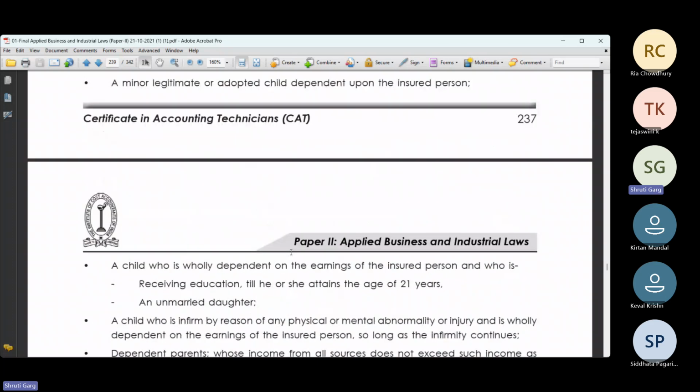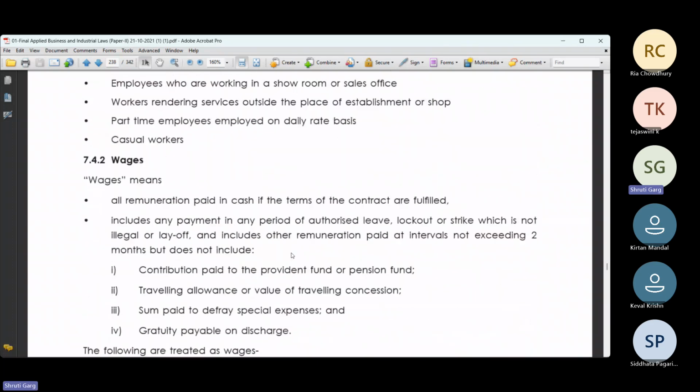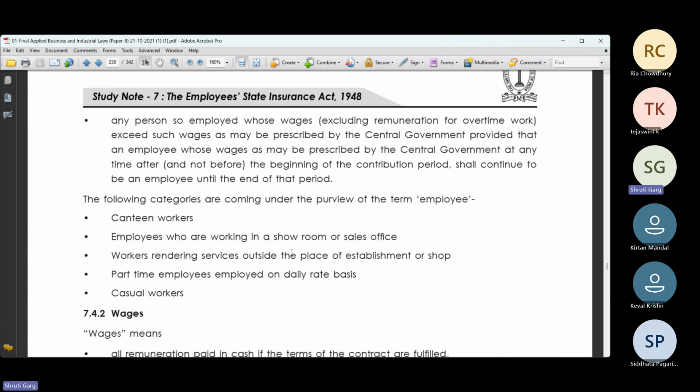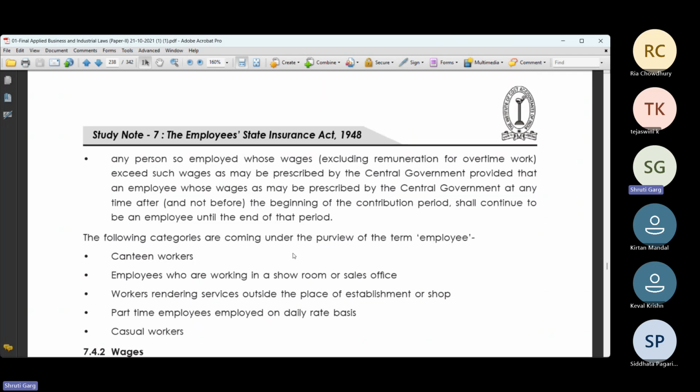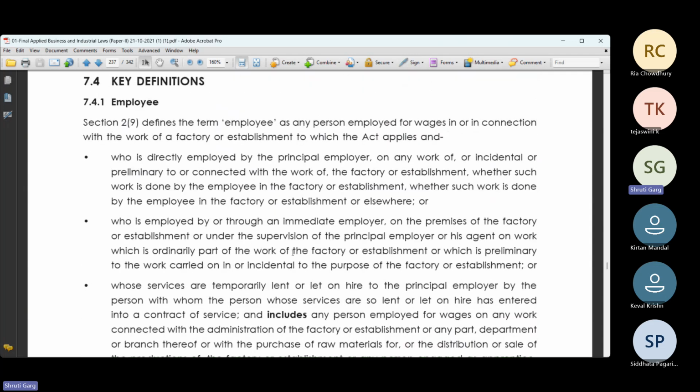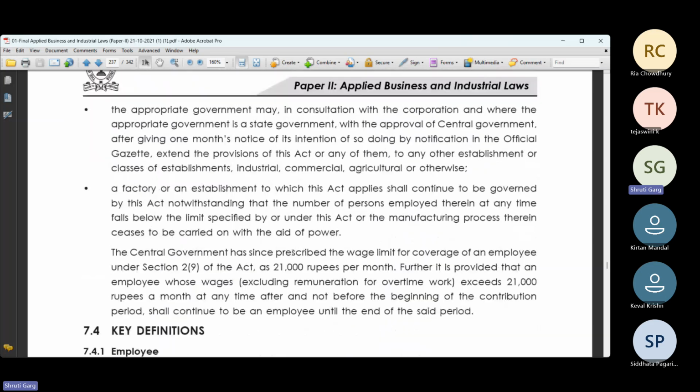ESI is applicable to a factory when 10 or more employees are working there. But once it is applicable, it doesn't matter whether the employee count is 8, 7, 6, or 11, 12, 15, 18.